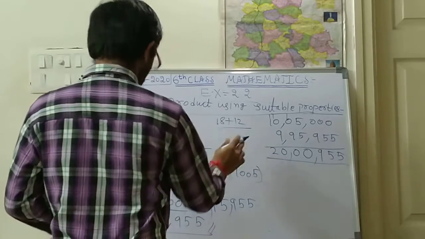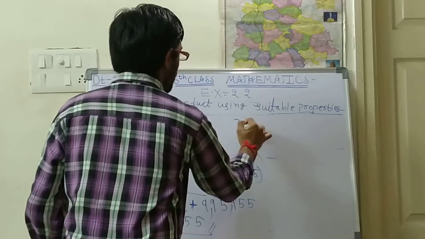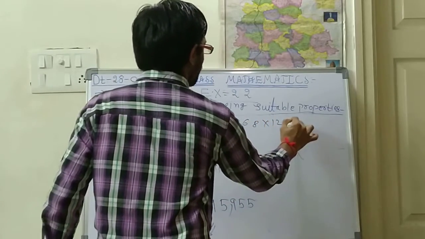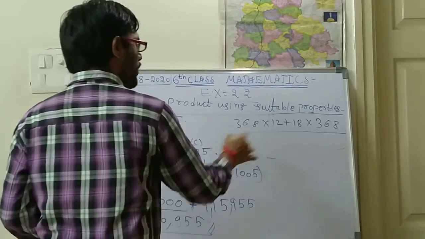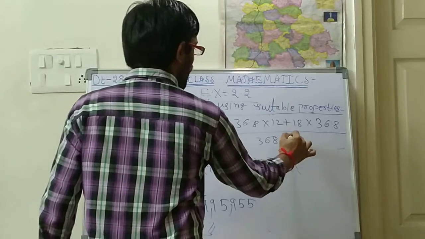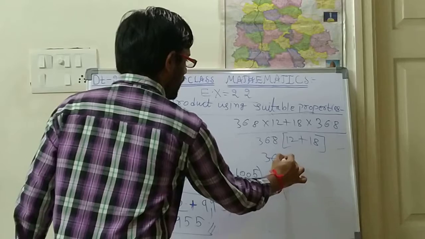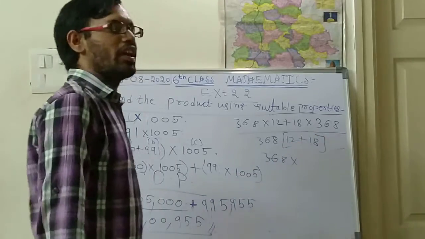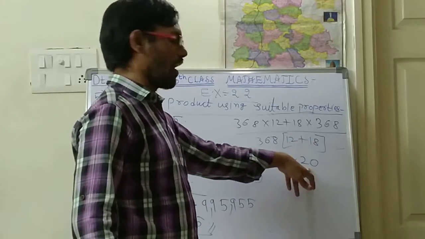There we did it like this. For this problem I took 368 common and I took 12 plus 18. So 368 into 12 plus 18, instead of 30 I have taken 20.